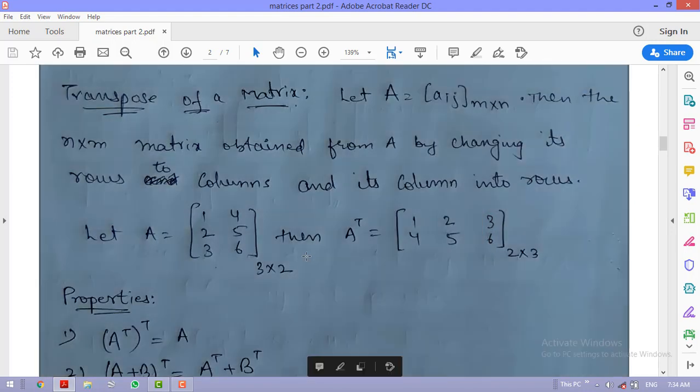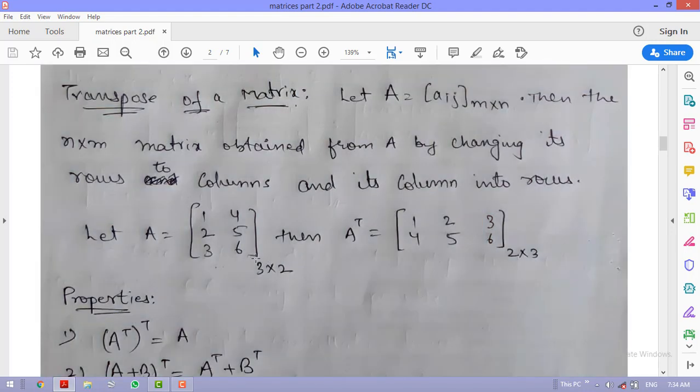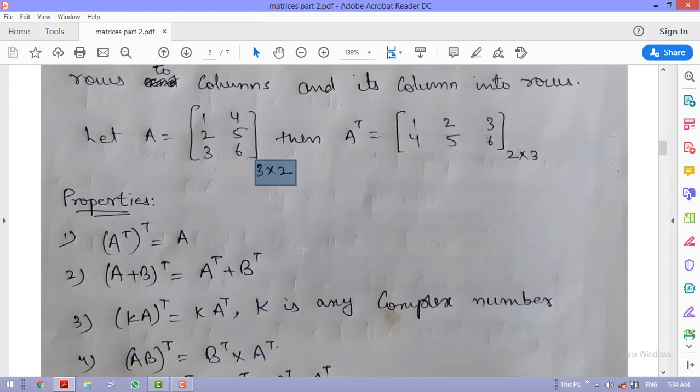Here you can also see that the order of the matrix has changed. The row count has changed into 2 and the column count has changed into 3. Okay, I hope you understood this. Transpose just means changing a row into its column or a column into a row. Okay, so now let us see the properties for this.